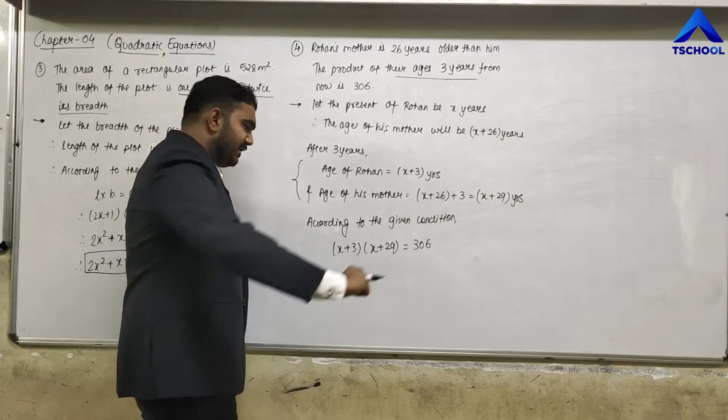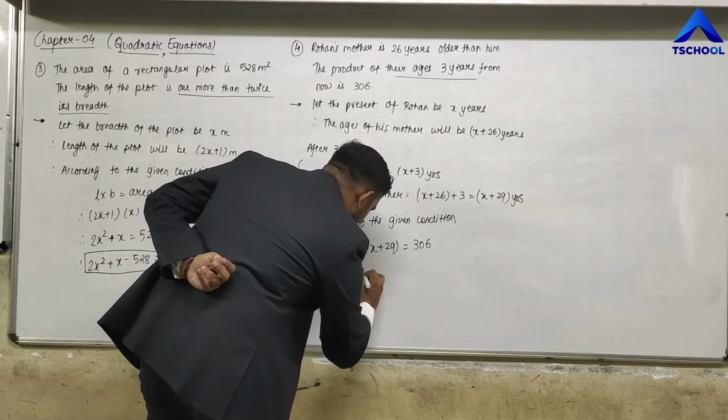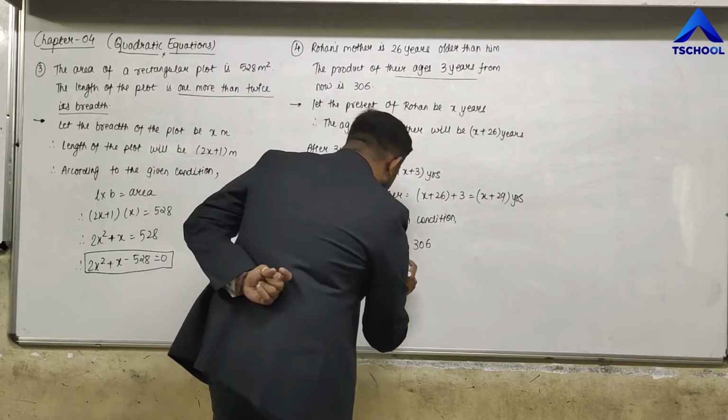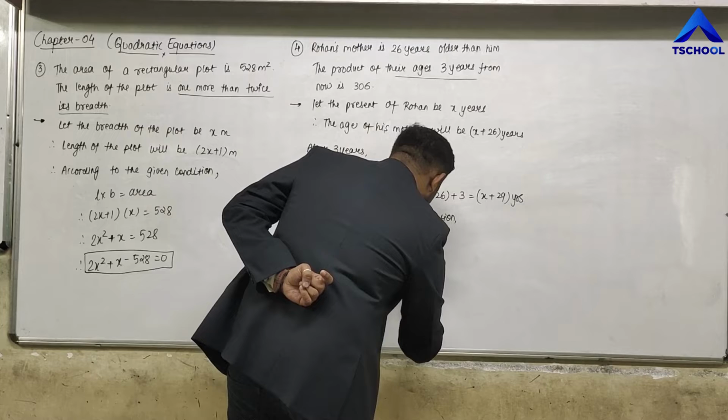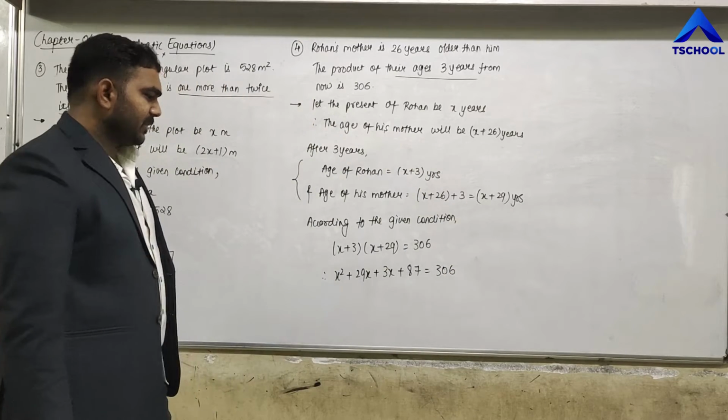Let us multiply them. That will give me x square plus 29x plus 3x plus 87 equals 306.